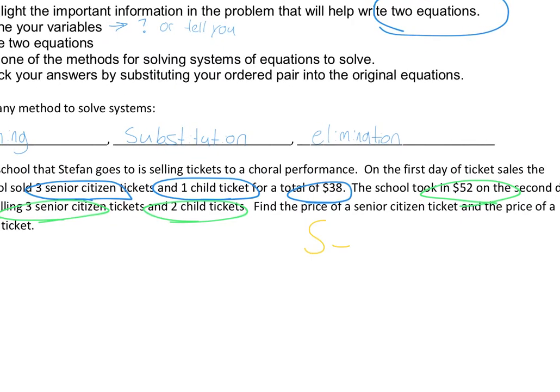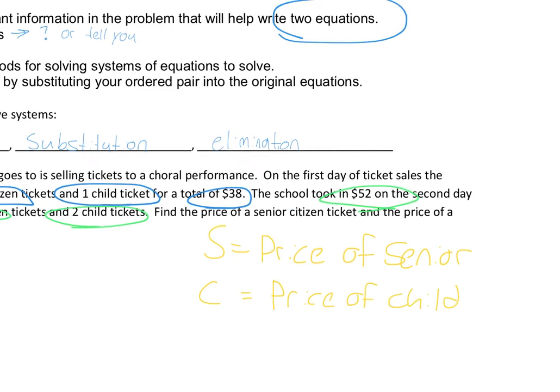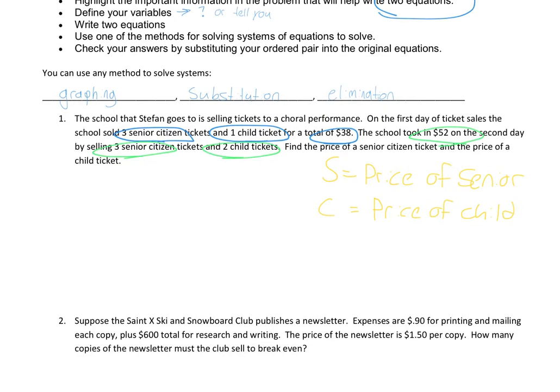So let's have S equal price of senior ticket and C equal price of child ticket. As you can see, nothing difficult has happened at all. They told us what we're looking for. It's the price of senior ticket and the price of child ticket.